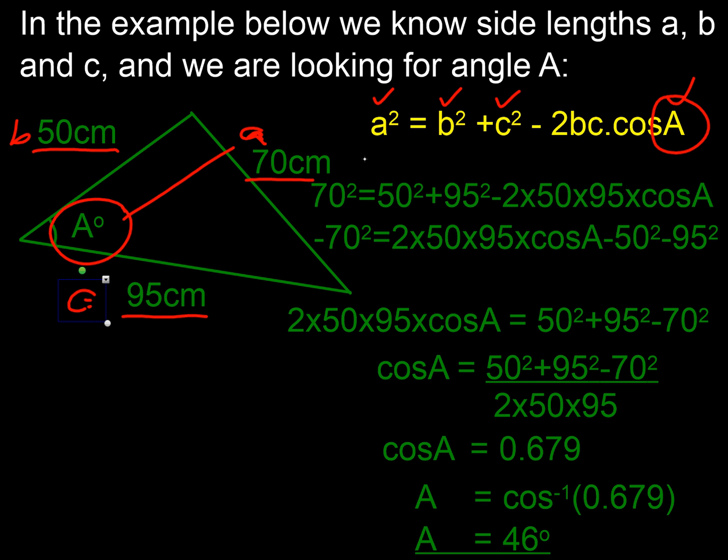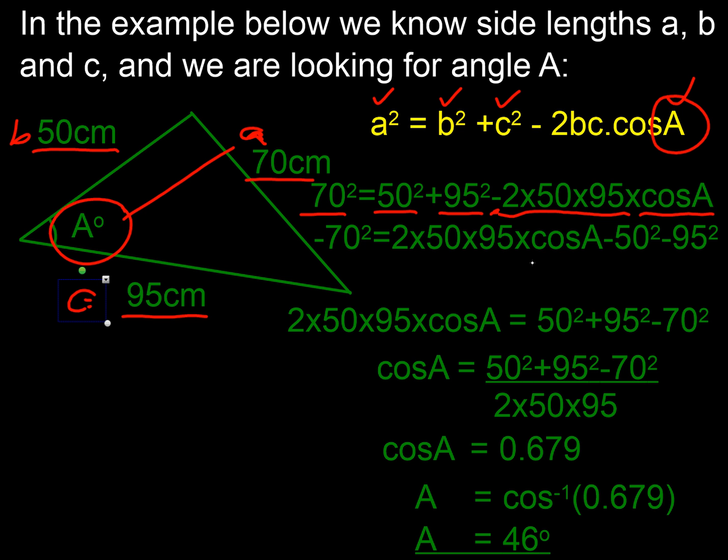If we just put the values in, we've got 70 squared equals 50 squared plus 95 squared minus 2 times 50 times 95, all multiplied by this unknown cos A. What I want to do is get cos A on its own. I don't like the fact it's got a minus sign there.